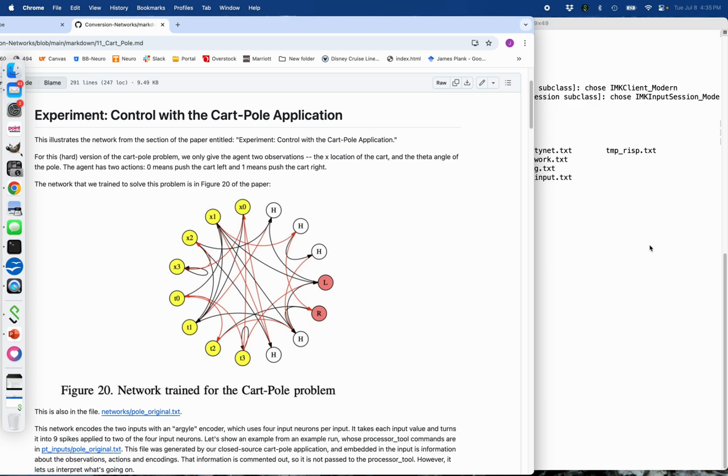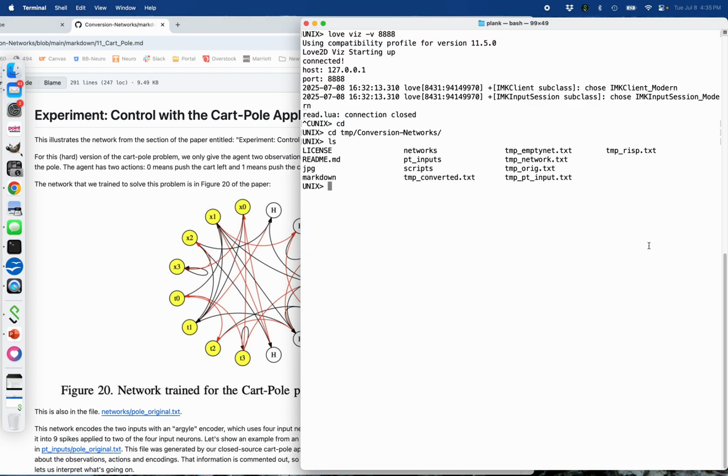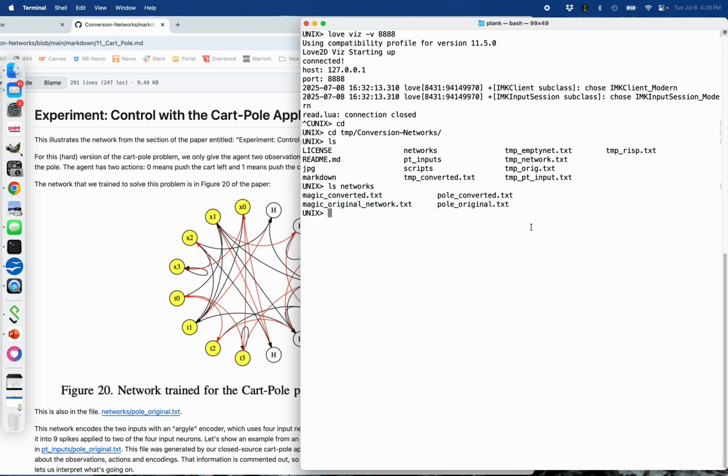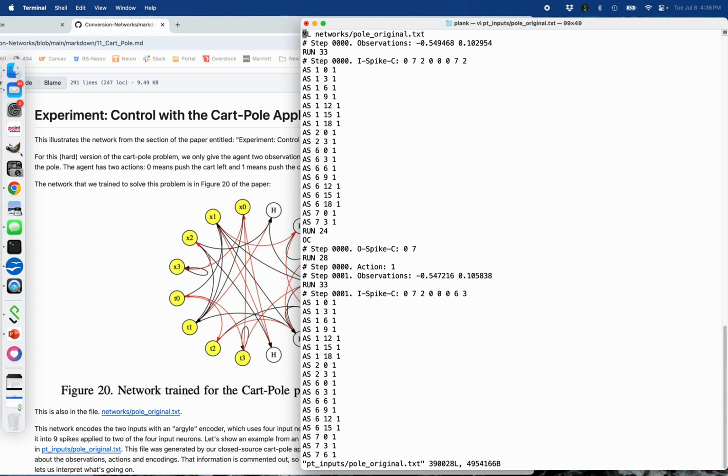Now, there's a little bit more quirkiness to it. As before, if we look in networks, we have two: an original and a converted. This is the original network, which we could look at, but it looks just like that. And if we look at the inputs, the inputs to this that are in the processor tool inputs are as follows.